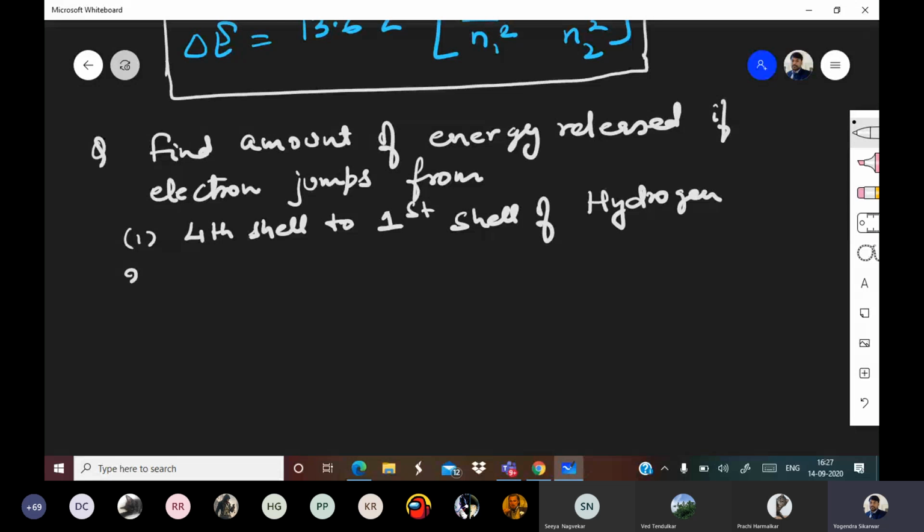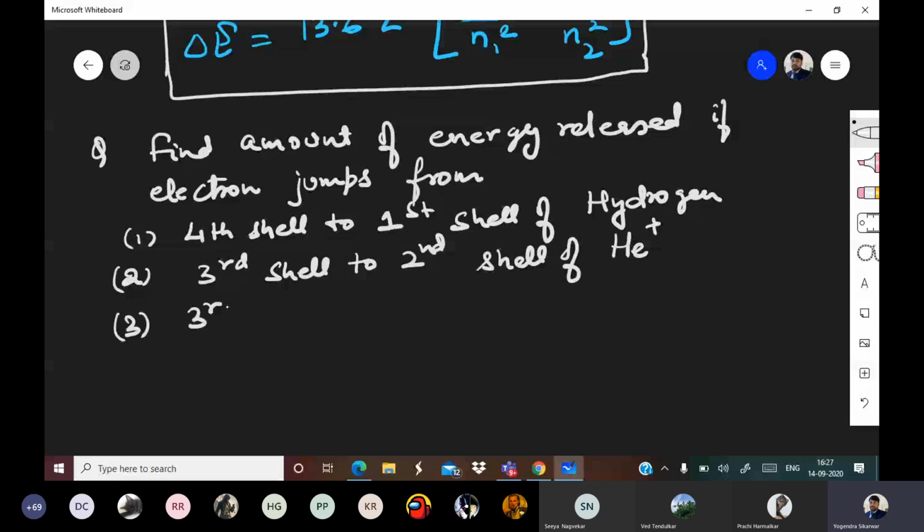Number 2, third shell to second shell of He plus. Number 3, third shell to first shell of Li plus 2. Please find, everyone.